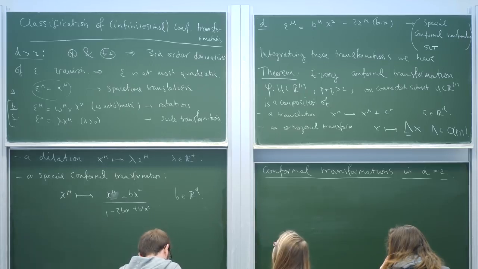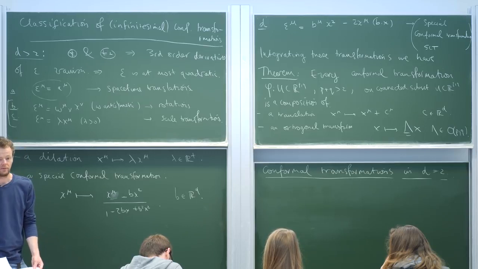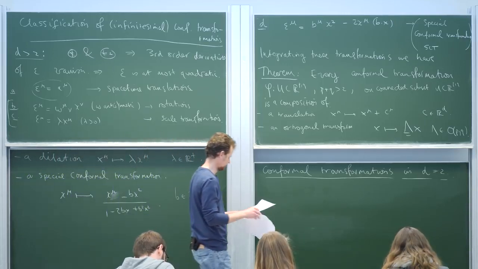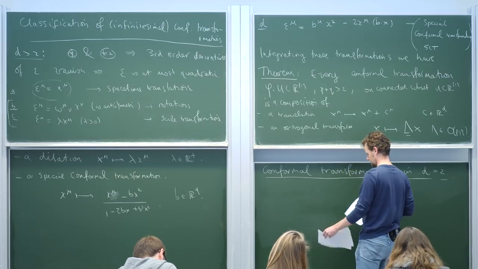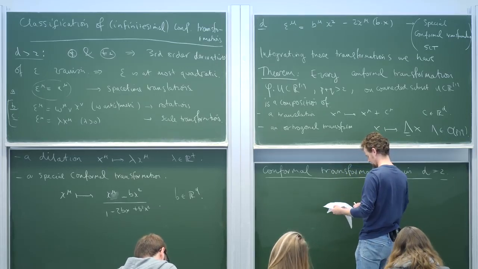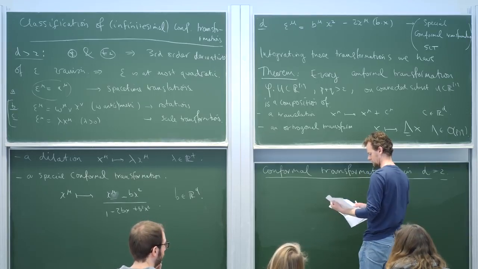The signature doesn't really play a huge role when we talk about the infinitesimal conformal transformations, but when we talk about the global ones, it'll turn out to play some role. Here d is greater than 2.